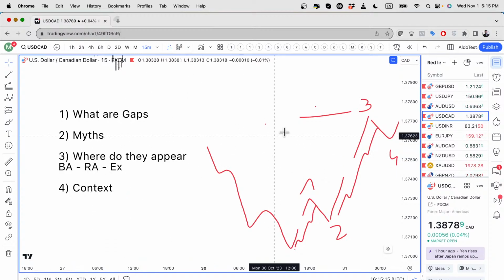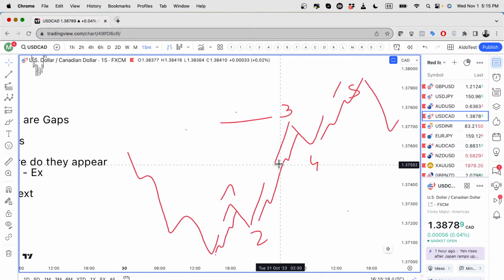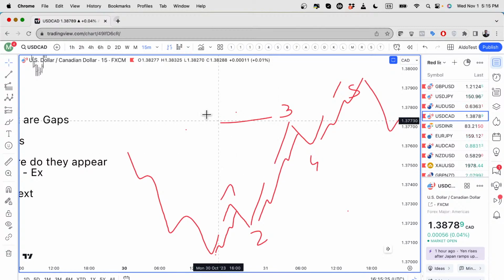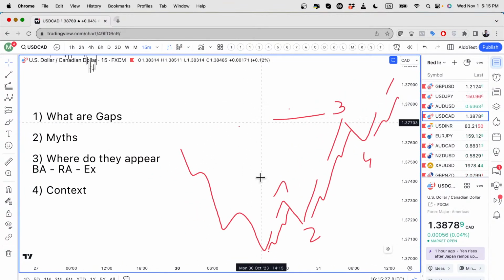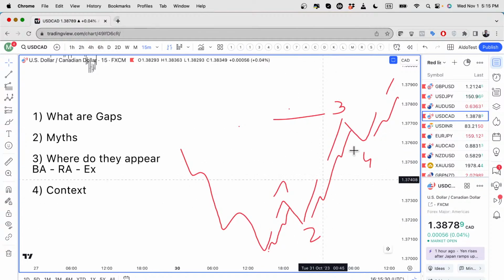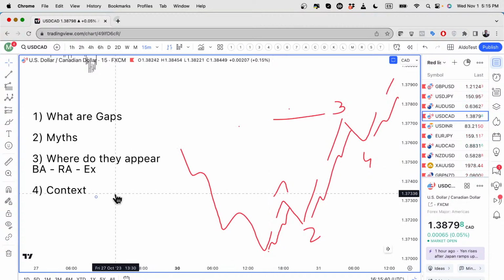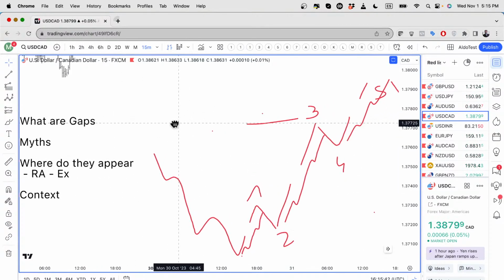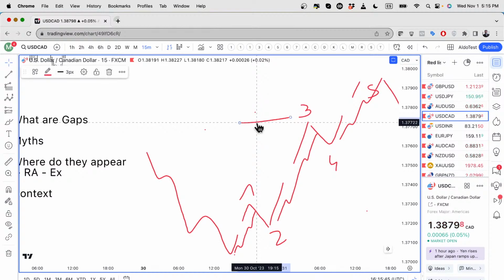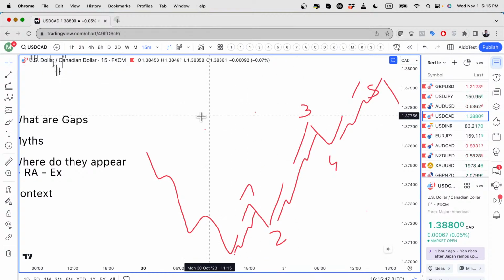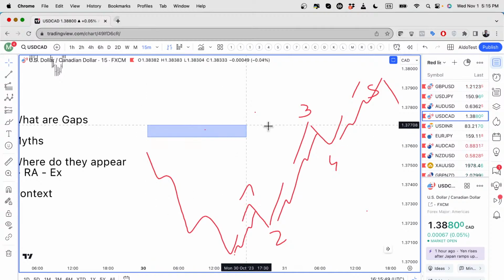The reason is that this acceleration gap will occur exactly in the middle. So that's why they call it the measuring gap, because when it happens, you can actually make a projection that the rest of the trend will be similar to the beginning. And now you have the context, which is where they appear in terms of the Elliott wave principle. So now you got it all.